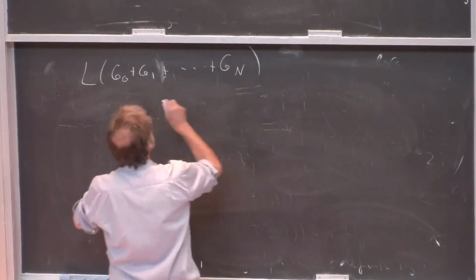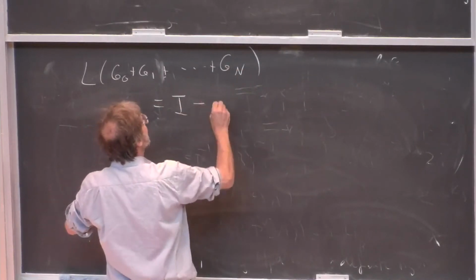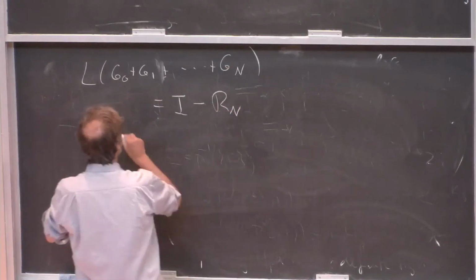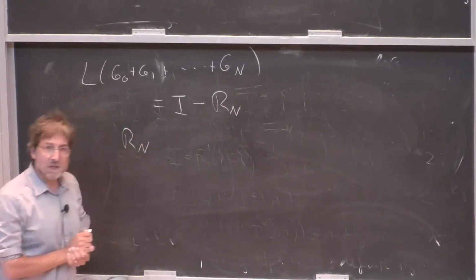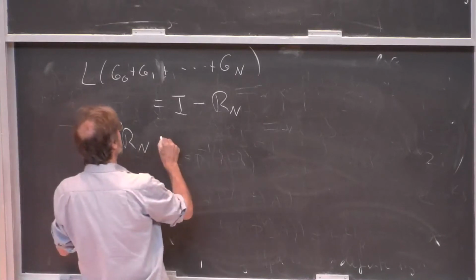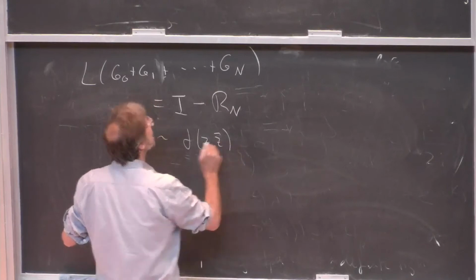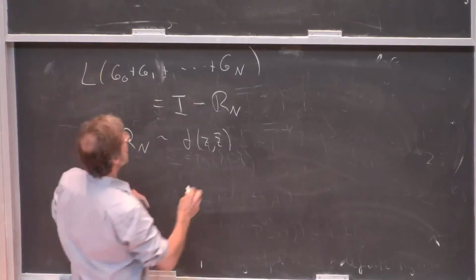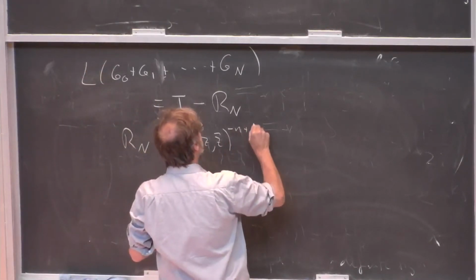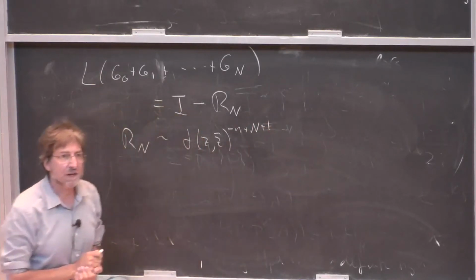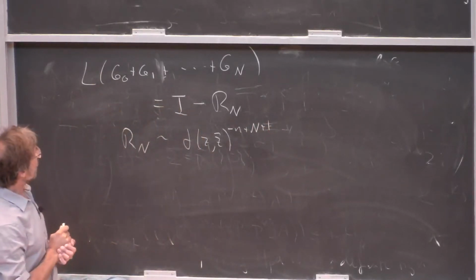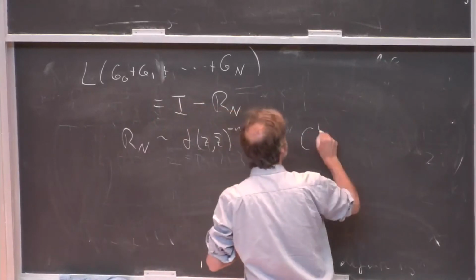So if I add some finite sum, I'm going to have identity minus r sub n, and now here's what's a little bit confusing. R sub n is going to look like distance from z and z tilde. So what should it be? It should be minus n plus 1. I think I'm about right there, hopefully. Right? But then there might be a C infinity error.